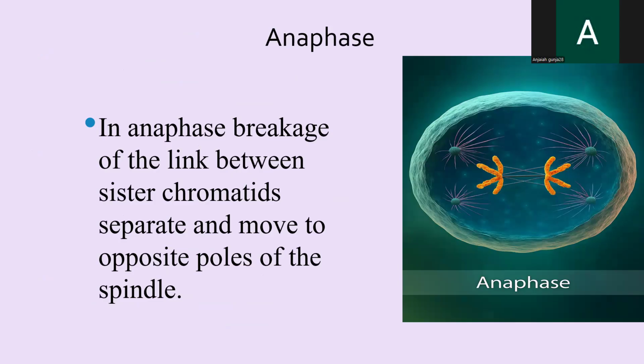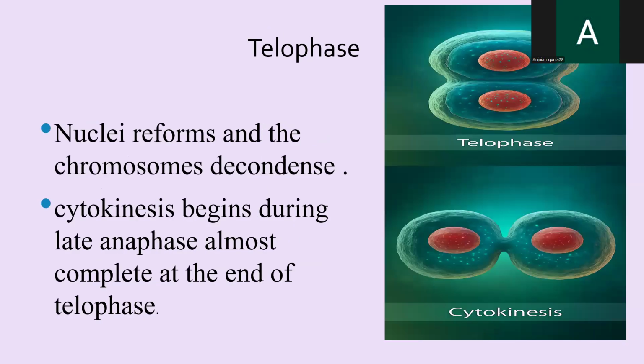When you go into anaphase, the link between sister chromatids breaks, and they get separated and move to the opposite poles of the spindle. You can see in the picture that they are pulled by the microtubules. Two sister chromatids are pulled separately and move to the opposite poles. Telophase, where the nuclear envelope reforms and the chromosomes decondense. This happens after the completion of anaphase.